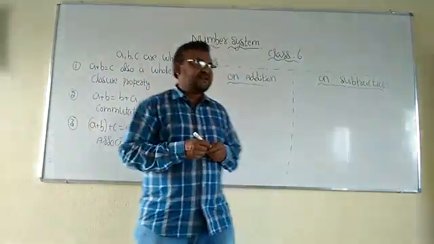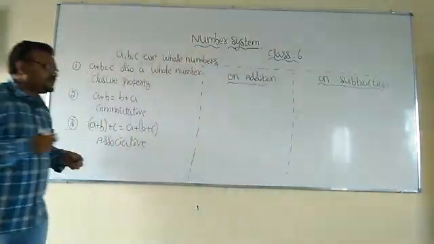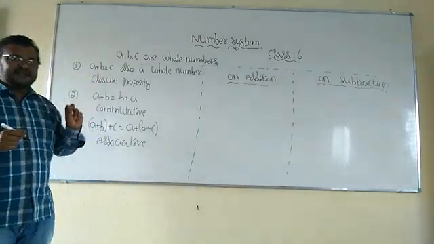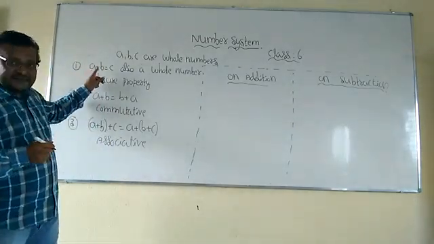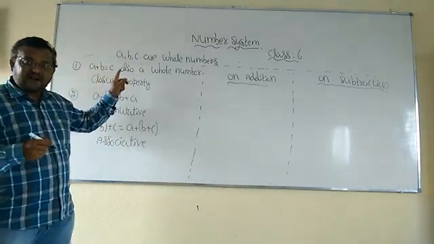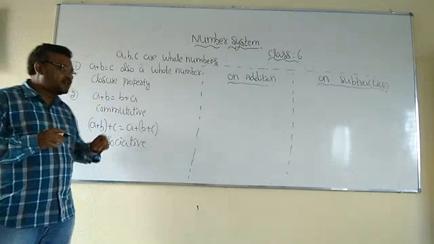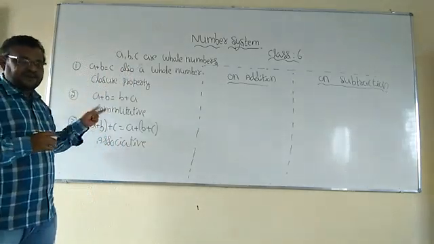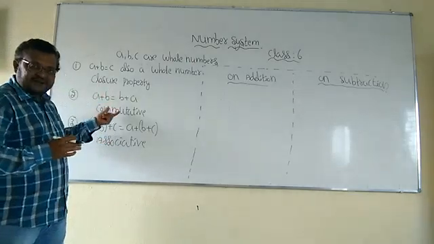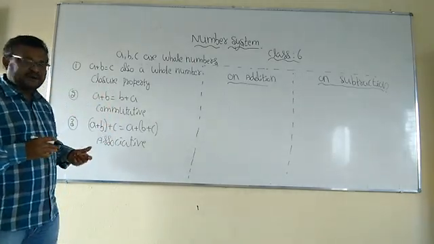That means the closure property is, if A, B are any two whole numbers, A plus B is equal to C, also a whole number, then it is closure. A plus B equal to B plus A, reversing the order in addition, also equal, then it is the commutative property.